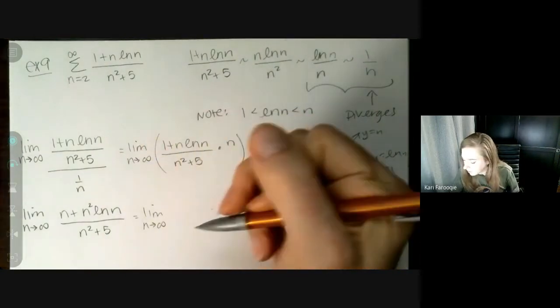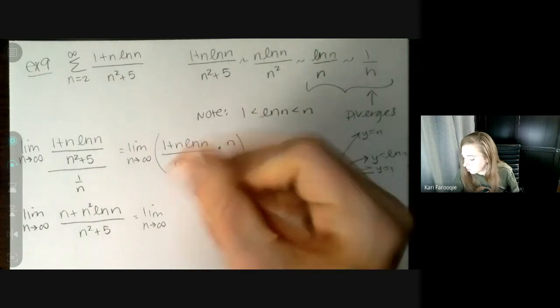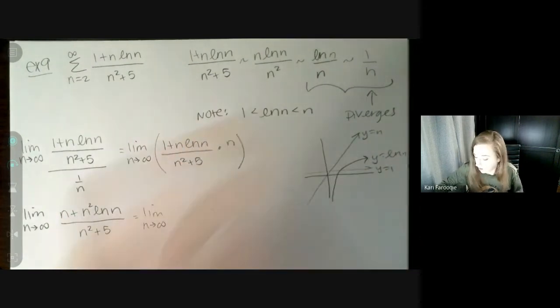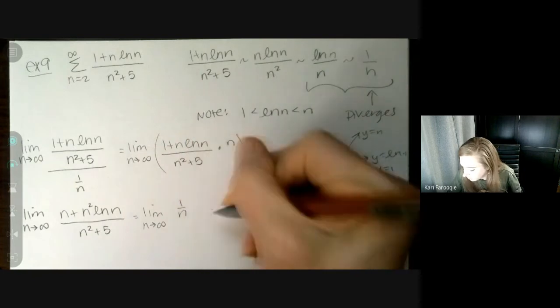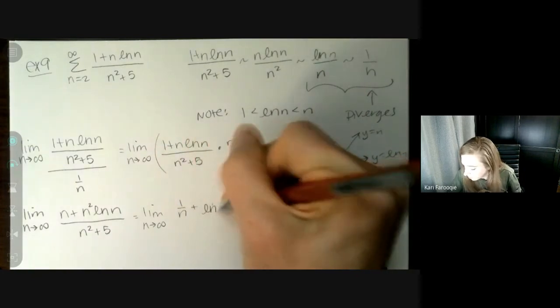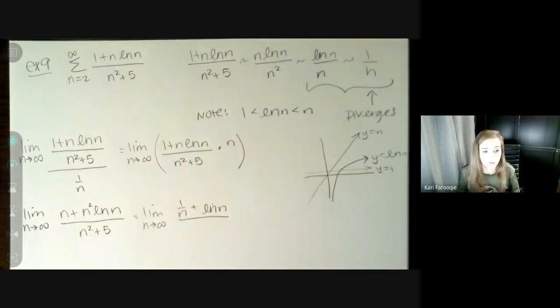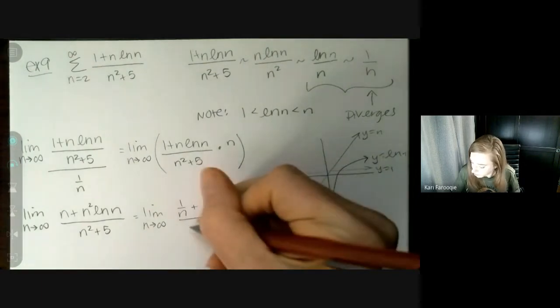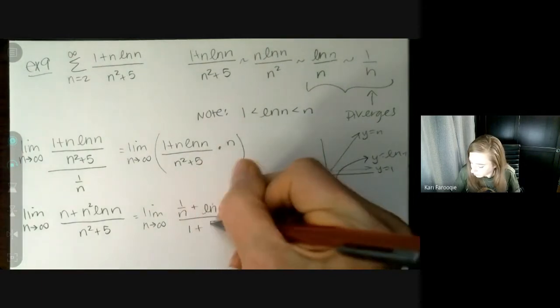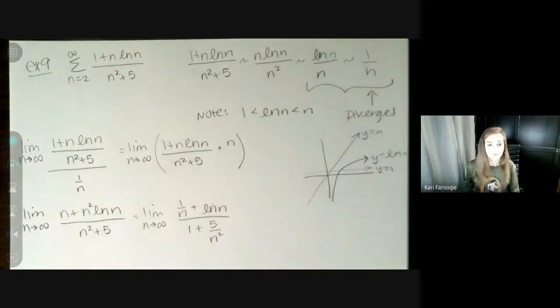So I'm going to divide each term by n squared. So n divided by n squared is going to give me 1 over n. In the next term, I'll have the natural log of n. And in the denominator, I'll just have 1 plus 5 over n squared.